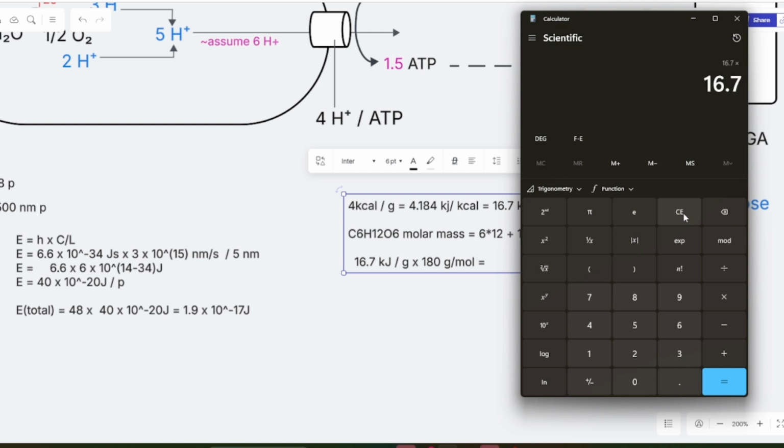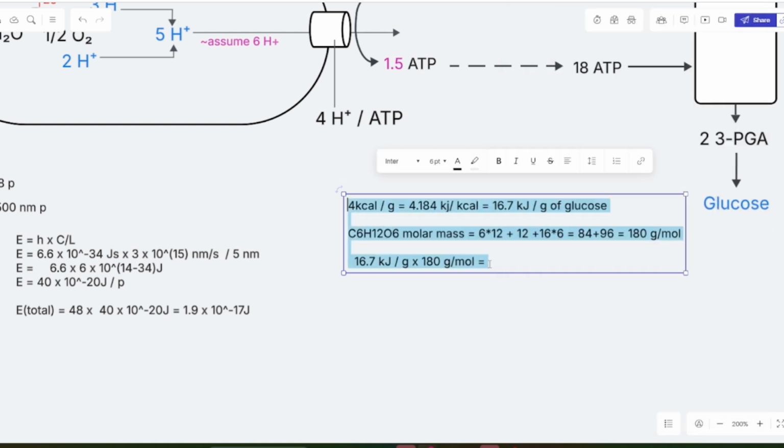So 16.7 times 180, 3,000. So that's 3,000 kilojoules per mole of glucose, and we can make that 3 times 10 to the 3 because that will probably be useful in the next step. Now this is pretty close to the calorific calculated or experimental glucose energy content, which is around 2,890 or something like that, kilojoules per mole. So we can work with this number.